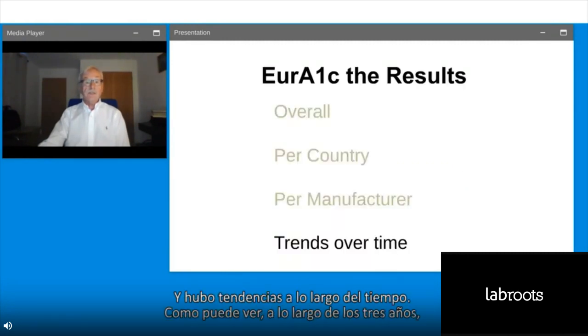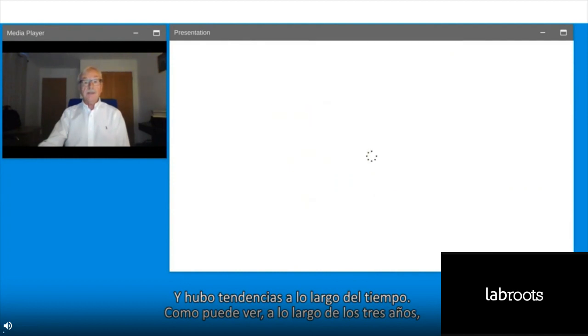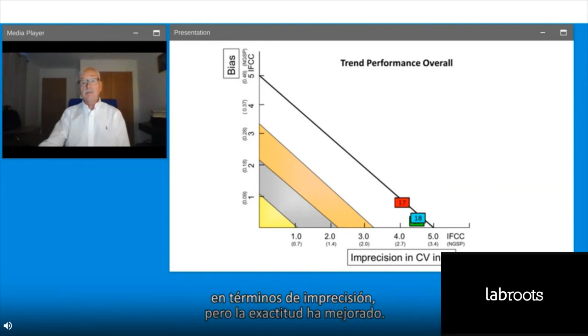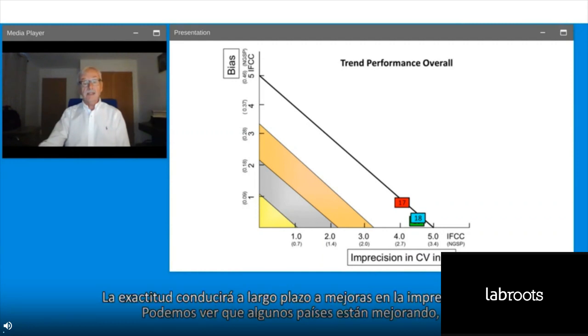And look at trends over time. You can see over the 3 years, now it's been 4 years, we've been doing this study. You can see there's been very little improvement in terms of imprecision, but the accuracy has got better. Accuracy will lead long-term to improvements in imprecision.